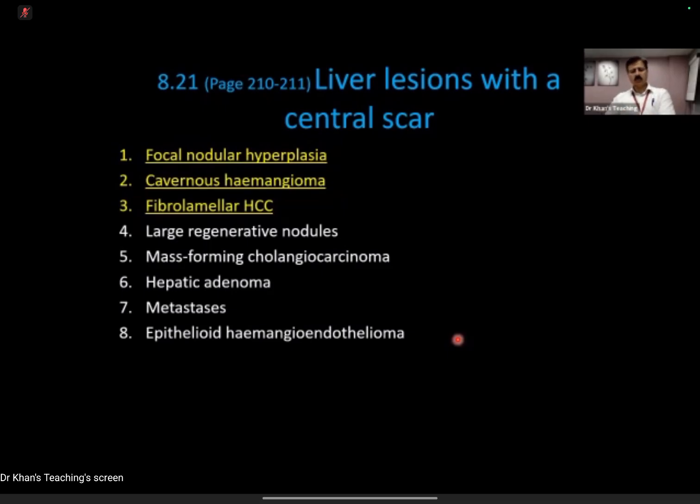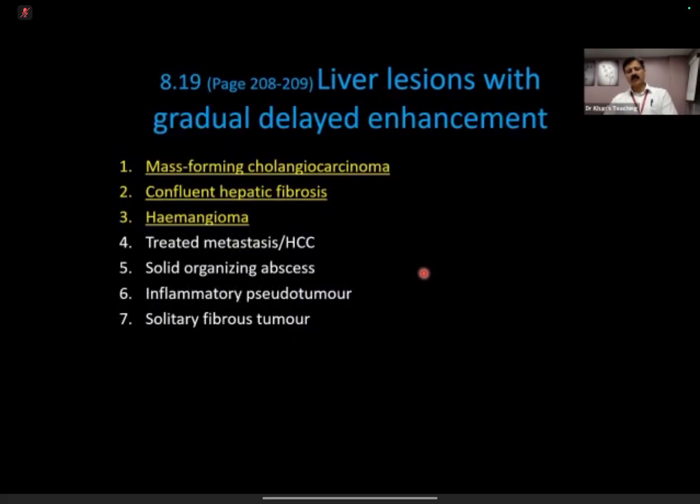There are many things which can have a scar. Even metastasis can have a central scar. And there is another differential which we have to cover here: liver lesions with gradual delayed enhancement. Mass-forming cholangiocarcinoma, hemangioma, you can add, this scar also there.